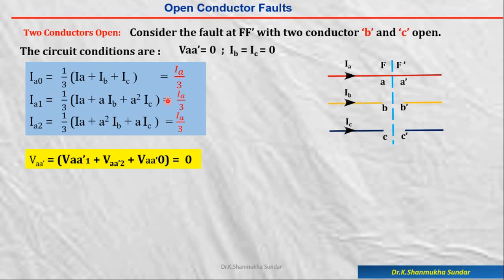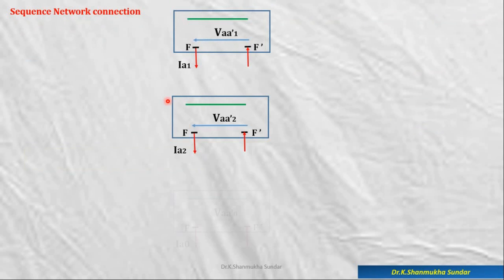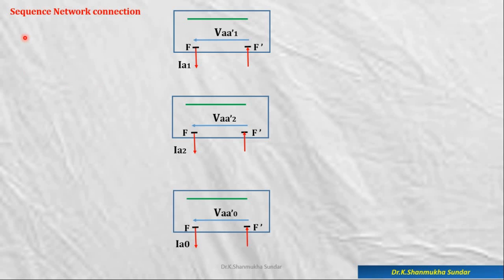Now let us see how the sequence networks are connected. Positive sequence, negative sequence, zero sequence. These three sequence networks are connected in series for two conductors open. This type of result you have observed in shunt type faults also.